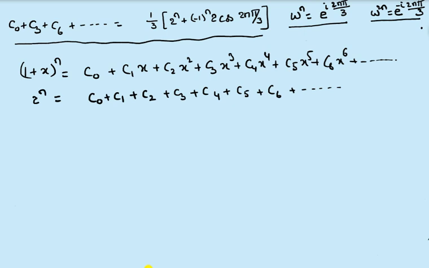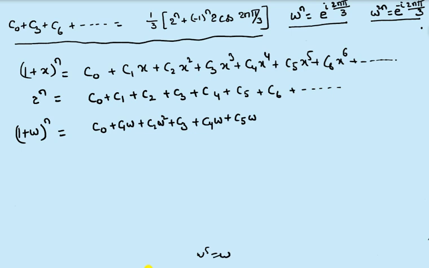Now put x is equal to omega, then what we will get? 1 plus omega whole power n is equal to c0 plus c1 omega plus c2 omega square plus c3 omega cube plus c4 omega, because omega power 4 can be written as omega, plus c5 omega square, because omega power 5 can be written as omega cube into omega square, omega cube is equal to 1, plus c6 and so on.